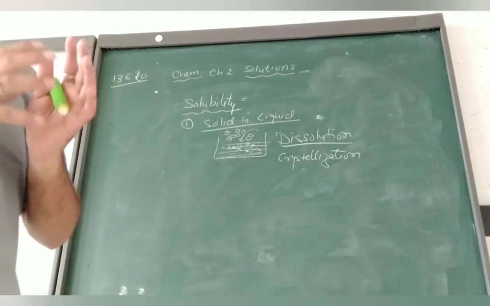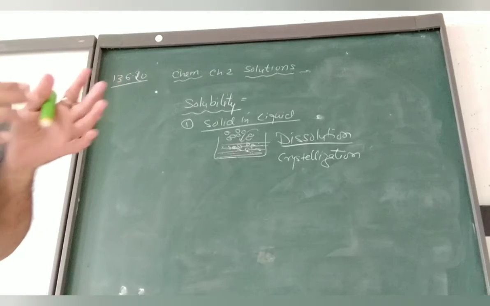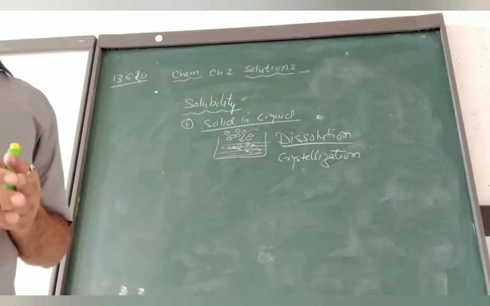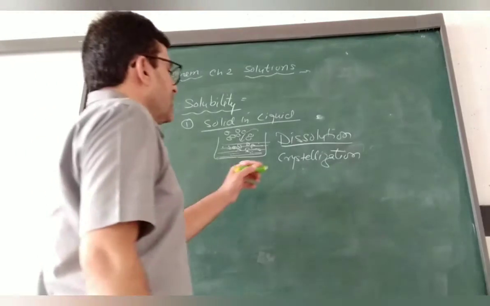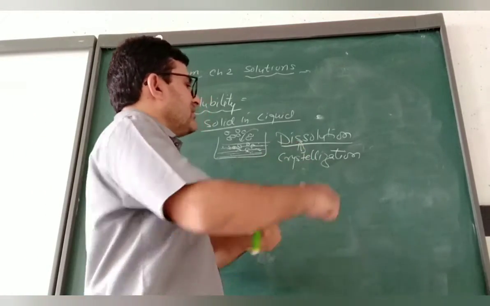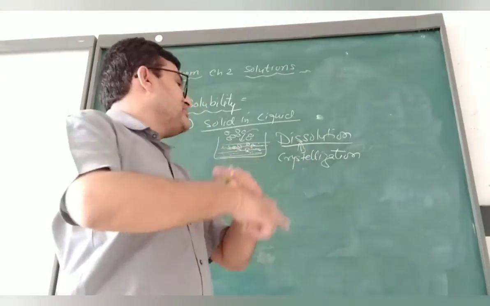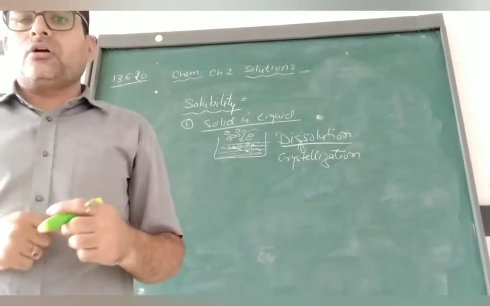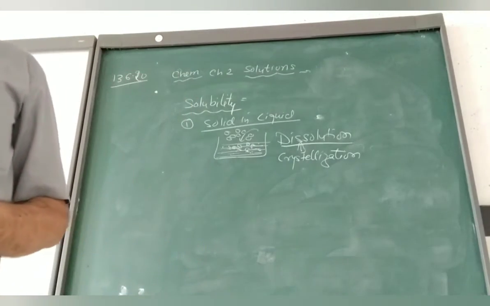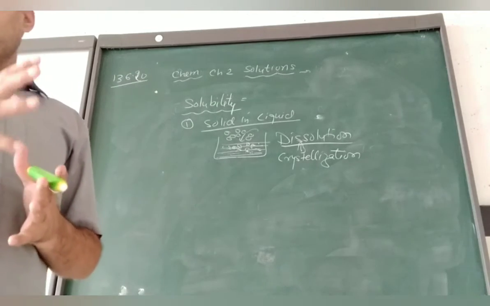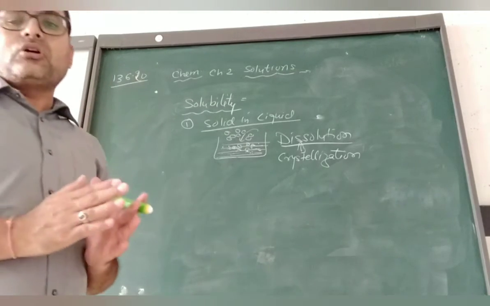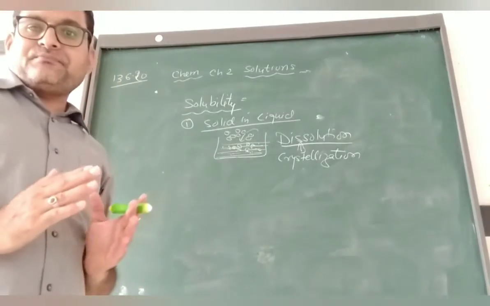Under these conditions, the number of solid particles going into solution will be equal to the solid particles coming out when the equilibrium condition is there. So at this stage, the concentration of solute in solution will remain constant when the equilibrium is there.